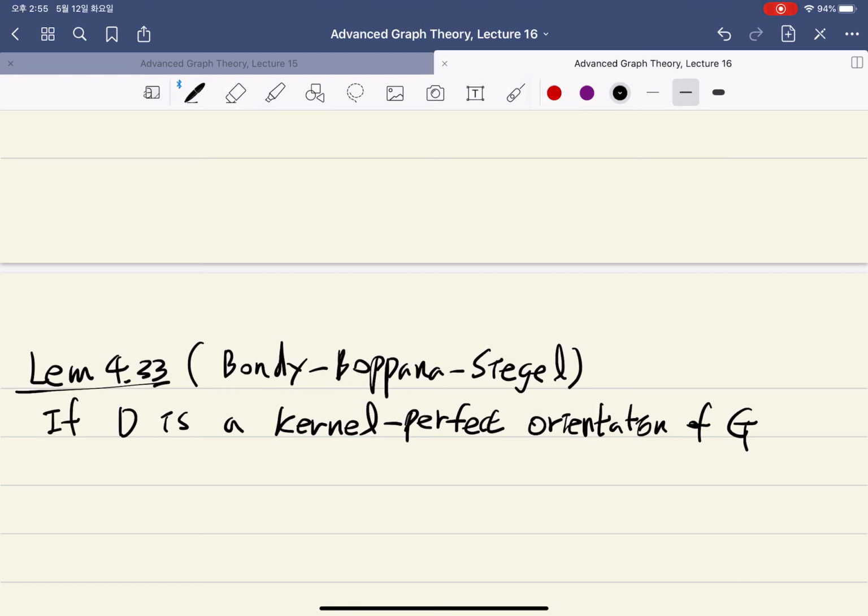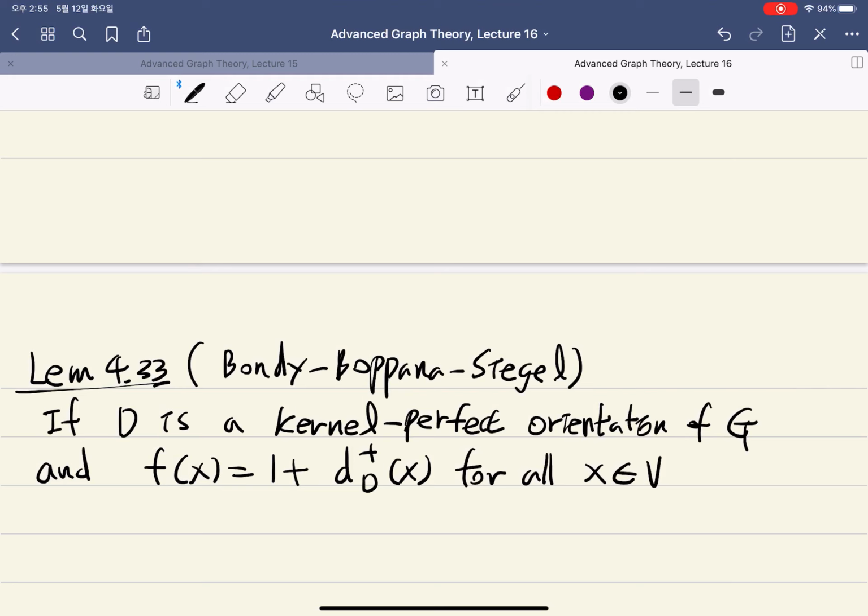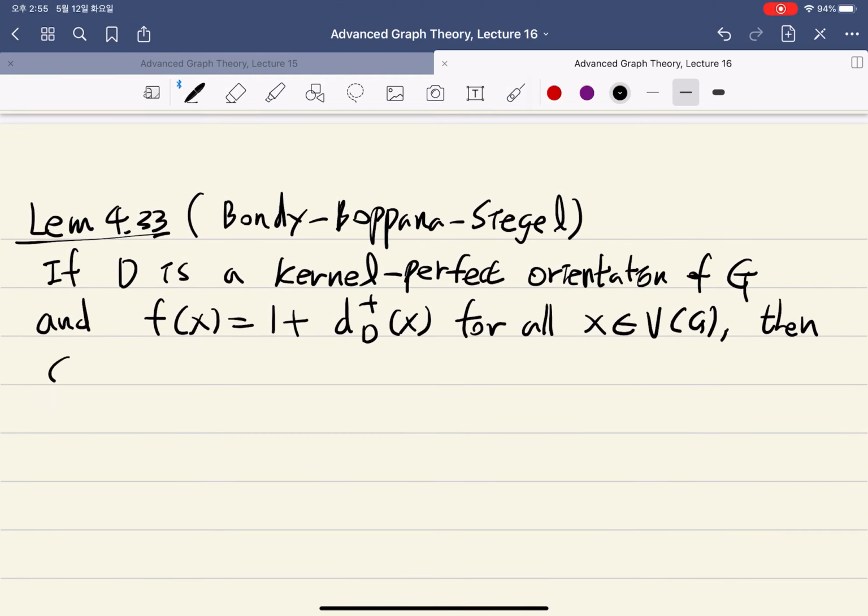And in that digraph, if it is corner perfect, then we say that the orientation that we gave is a corner perfect orientation. And let's say f(x) is the same as its out degree plus 1 for all vertices. Then we want to prove that this G is f-choosable.